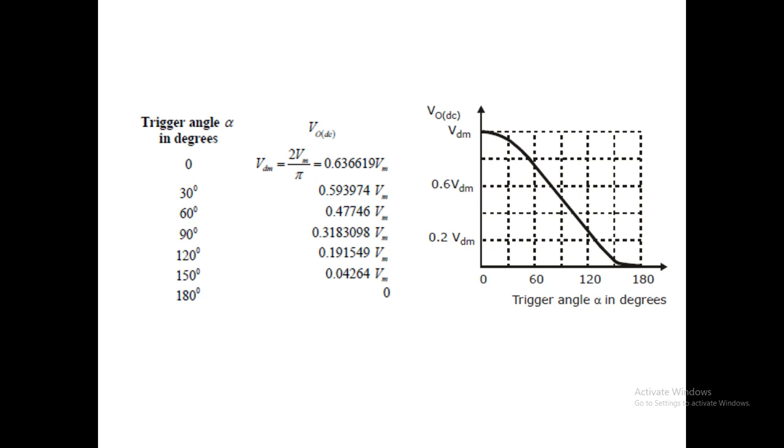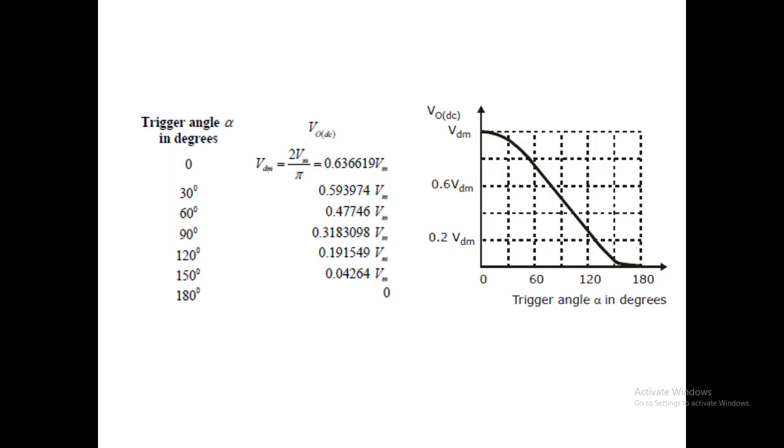For alpha equal to 30 degrees, we get 0.59 Vm; for 60 degrees, 0.47 Vm; for 90 degrees, 0.318 Vm; for 120 degrees, 0.19 Vm; for 150 degrees, 0.042 Vm; and for 180 degrees it will be 0. So for every increase in angle alpha, we see a decrease in output voltage. That is 63% of Vm for alpha equal to 0 degrees, about 31% for 90 degrees, and 0% for 180 degrees.